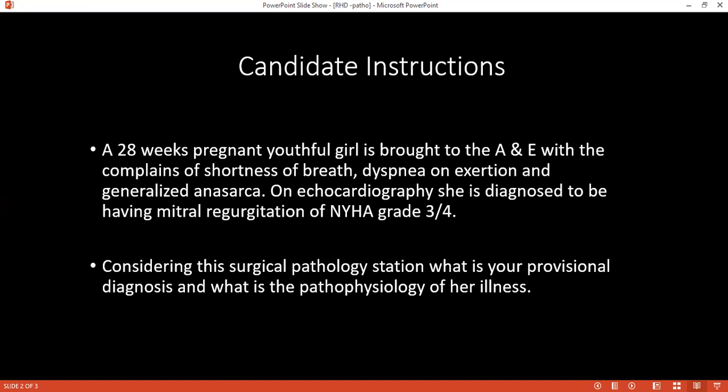Management will consider the pregnancy, the age and the condition of the patient. What's the treatment for mitral regurgitation? This is not so simple that you'll just do mitral valve replacement surgery.